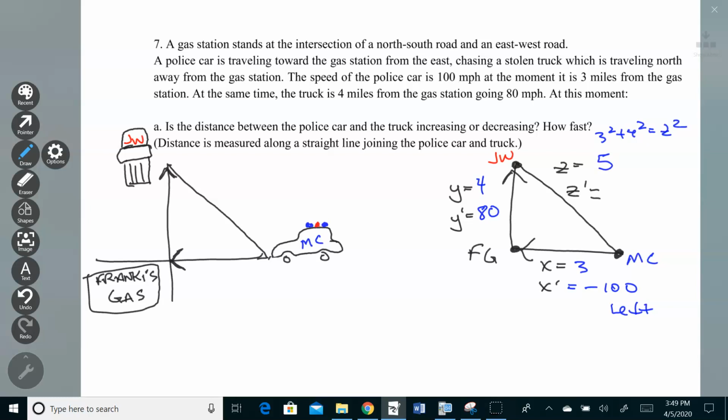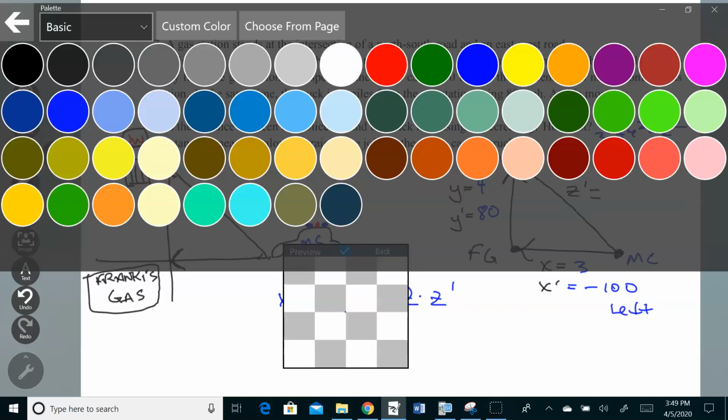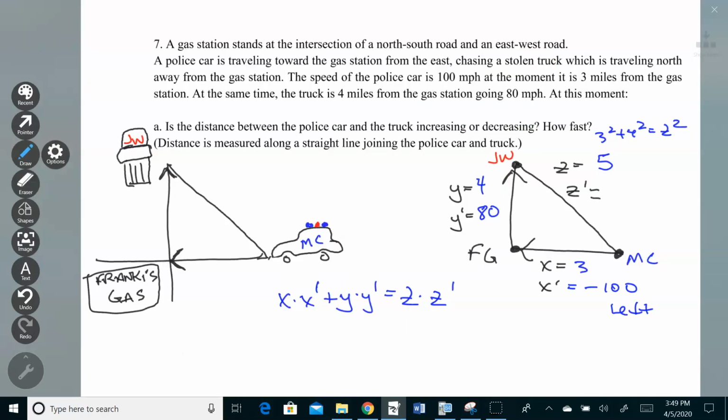So again, I'm going to use my Pythagorean theorem. Derivative: x x prime plus y y prime is equal to z times z prime. And I'm going to fill in with what I know. I have 3 times negative 100 plus 4 times 80 is equal to 5 times z prime.